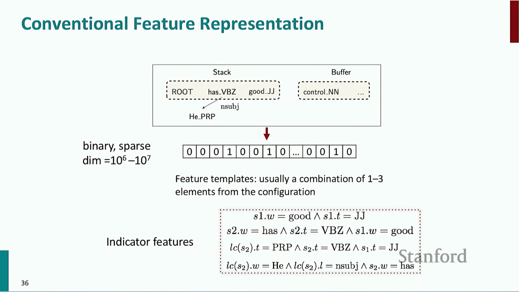So the kind of features you'd use is that the word on the top of the stack is the word good, and its part of speech is an adjective, or the word on the top of the stack is good, but the word that's second on the stack is the verb has, right? You'd get these combinations of matching functions, and they would be used as features in a machine learning system to predict the parse.